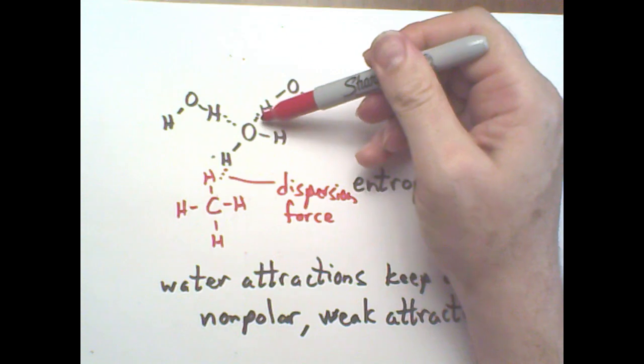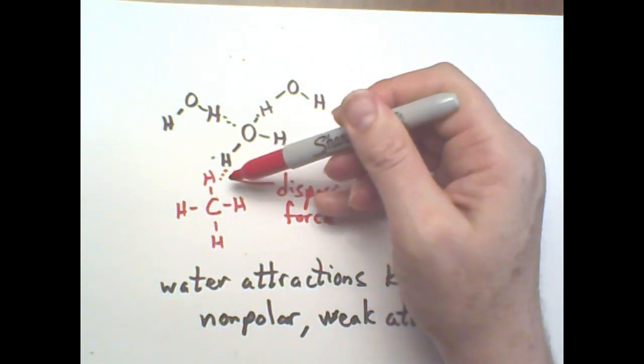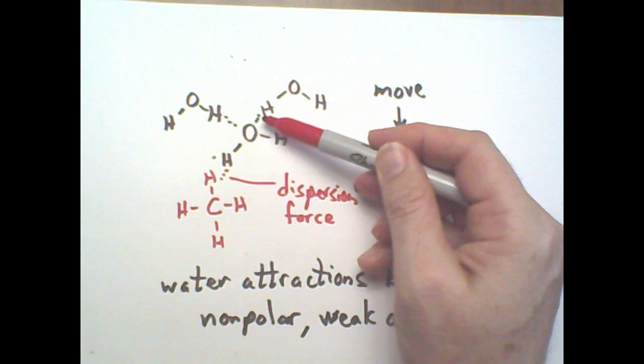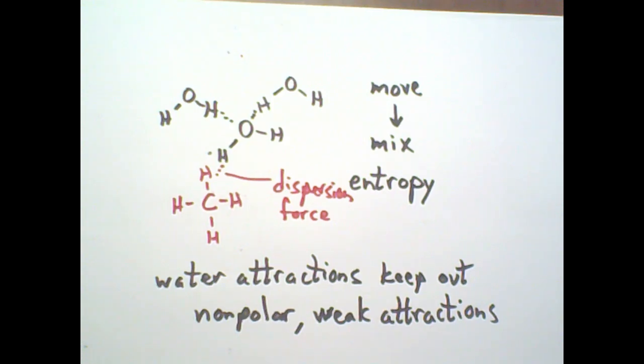So if we break up a strong bond and replace it with a weak one, that strong bond's going to want to reform as soon as they move around and come in contact with each other. So water attractions or stronger attractions are going to keep out things that are just attracted in a weaker way.